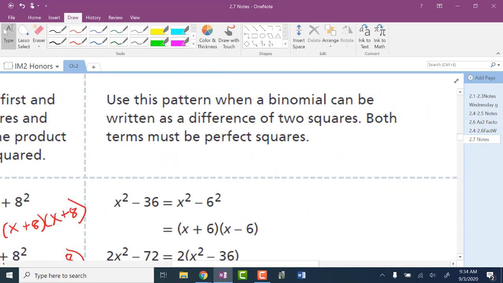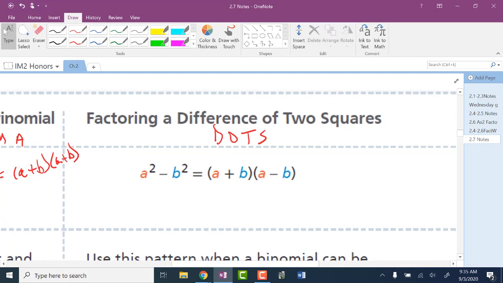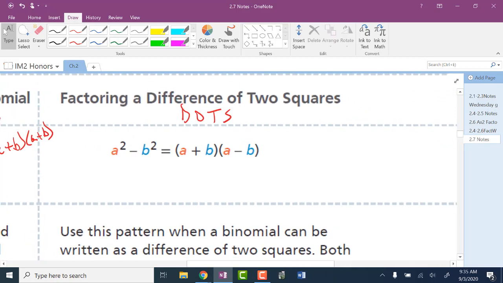Then, I love this one. Actually, sometimes we call this DOTS. Difference of two squares. DOTS. And it takes the form of this. Little different than the first one, perfect square trinomials. And it's very simple to prove this. A times A is A squared.